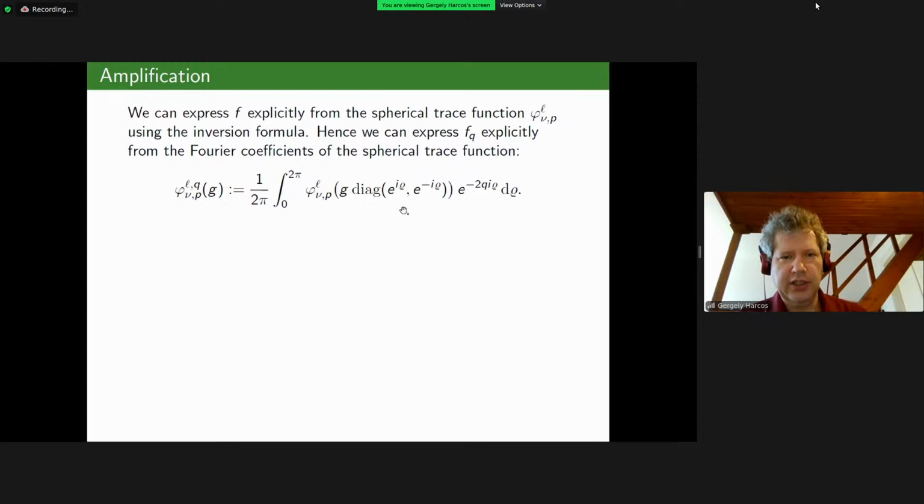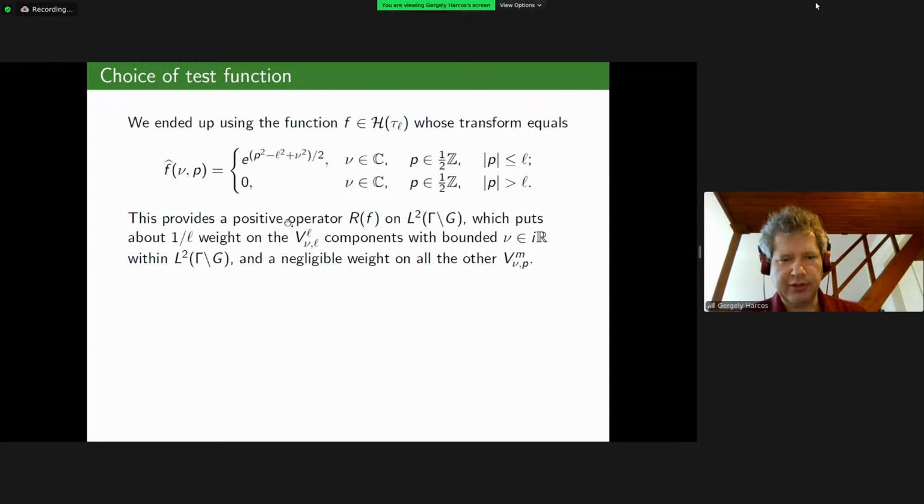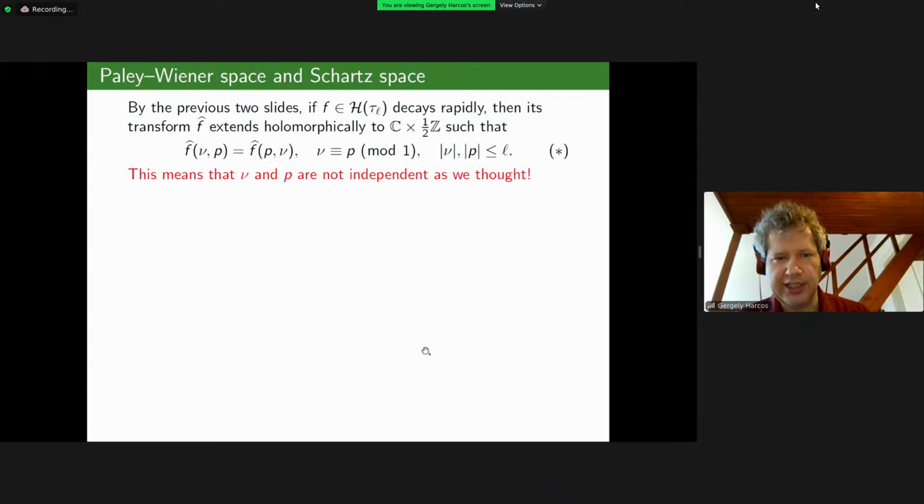But the upshot is that F itself can be expressed by the inversion formula for the prescribed spectral weights and the spherical trace function. And now we average F over the circle subgroup, so we take its Q Fourier coefficient. In effect, that's the same as taking the Q Fourier coefficient of the spherical trace function.